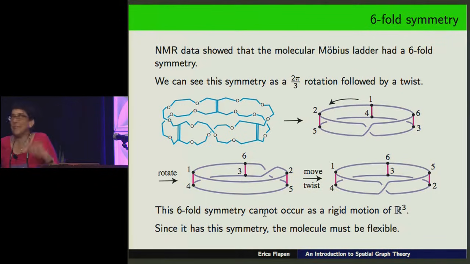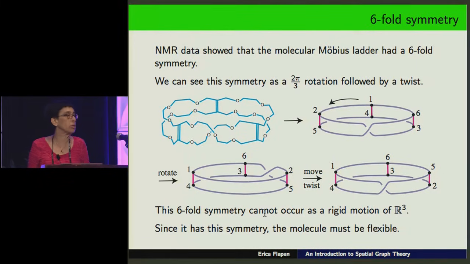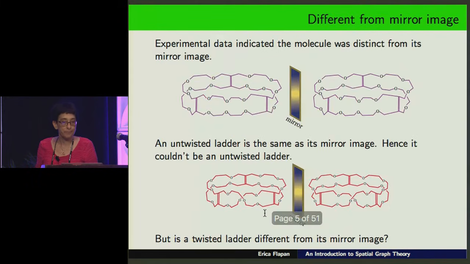Well, maybe we think it lives in S3. So this proved that the molecule was flexible. The fact that it had a symmetry that couldn't be induced by a rigid motion must mean that it was at least somewhat flexible, in order to be able to move this twisting as it did.